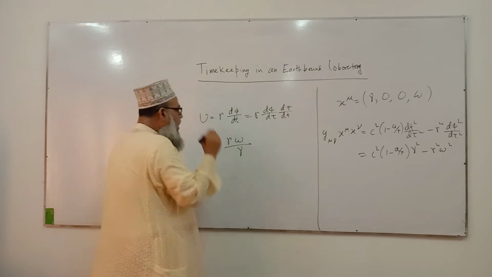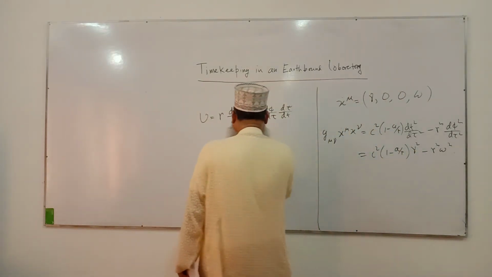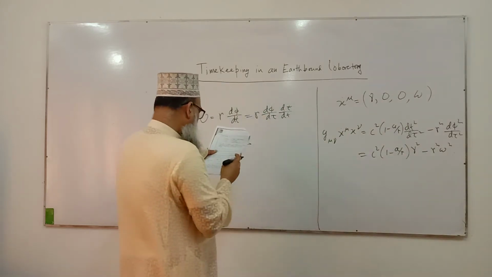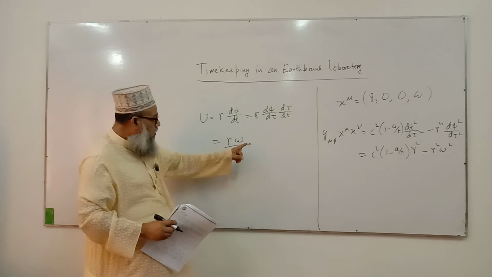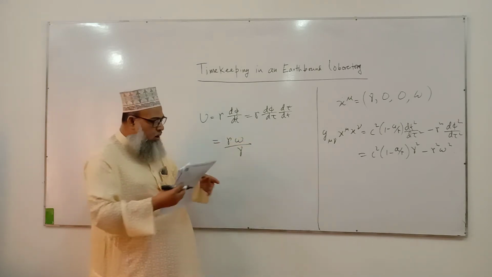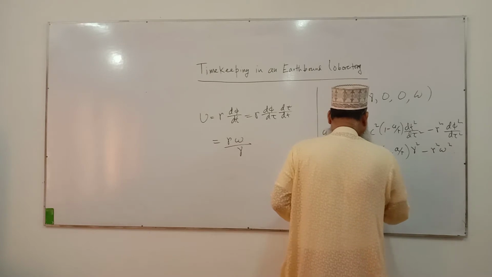Now use this formula and this formula to eliminate ω. Actually we can write that this is equal to c squared.